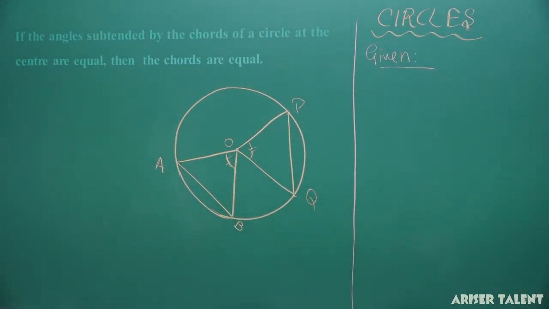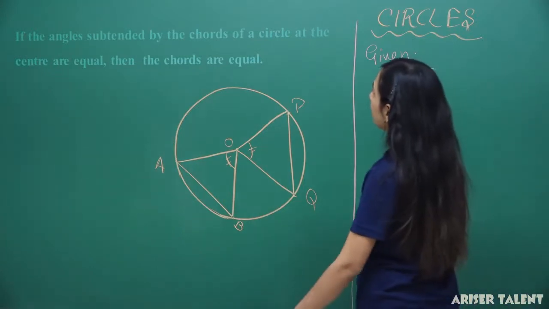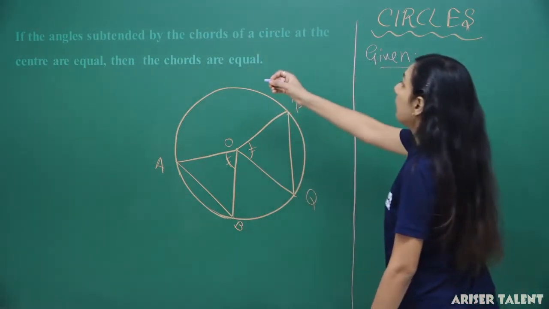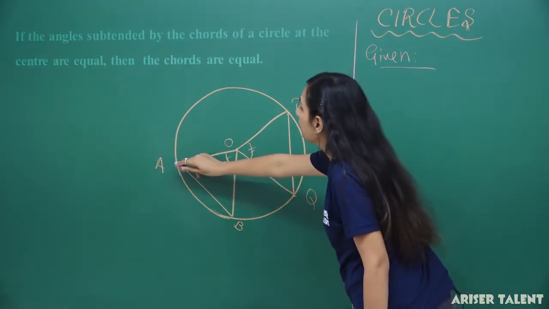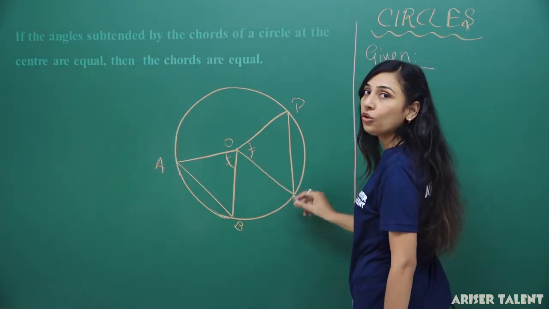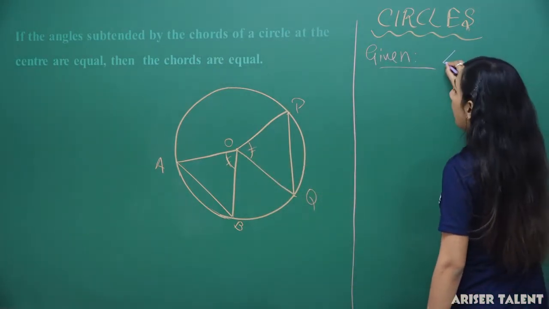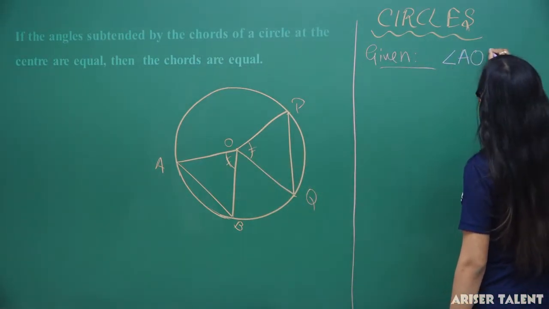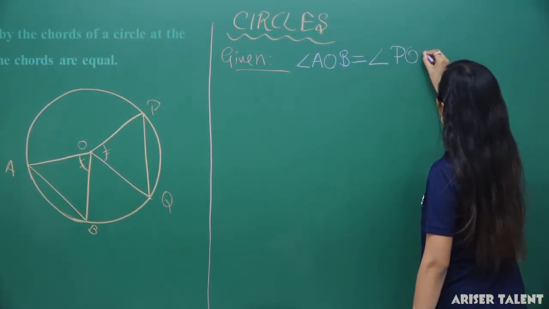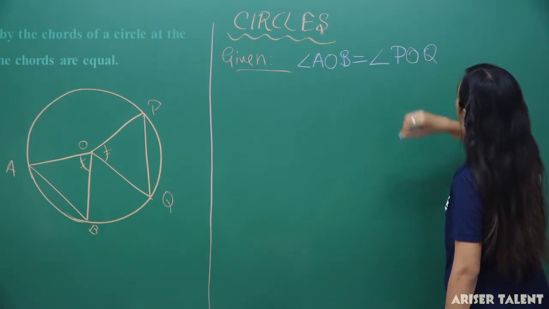The given thing here is that the angles subtended by the chords are equal. The angles subtended by the chords are AOB and POQ. So given: angle AOB is equal to angle POQ, right students?